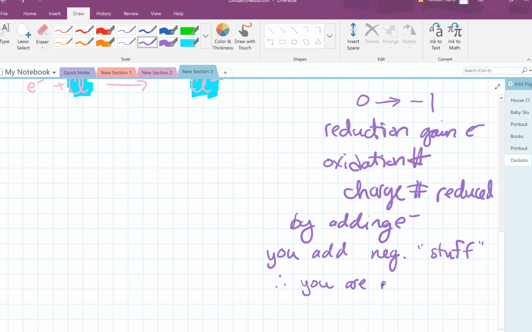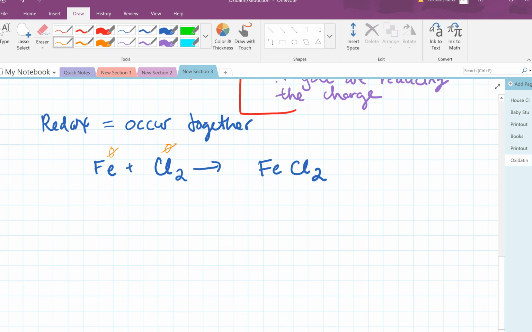Chlorine, it's Cl2. They should know that that's an elemental chlorine. They may not remember that. But if it's not connected to anybody else and there's no little charge number next to it, it's a 0.